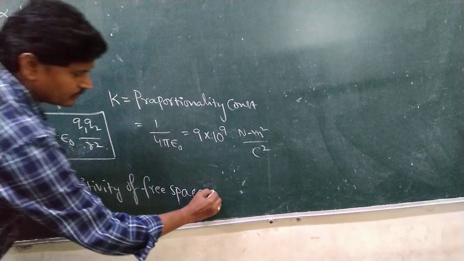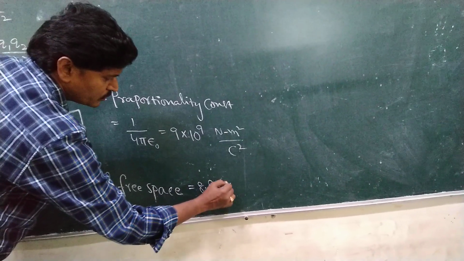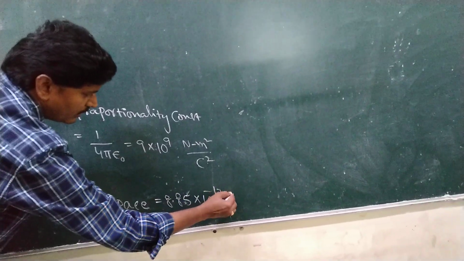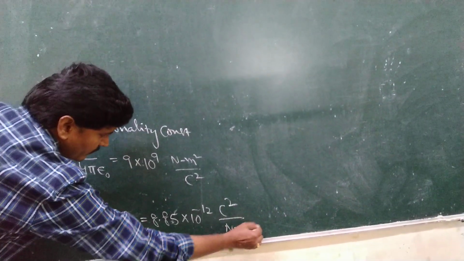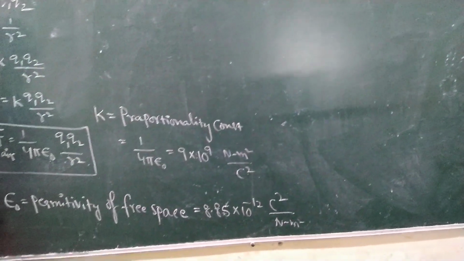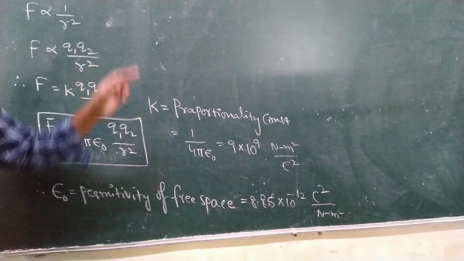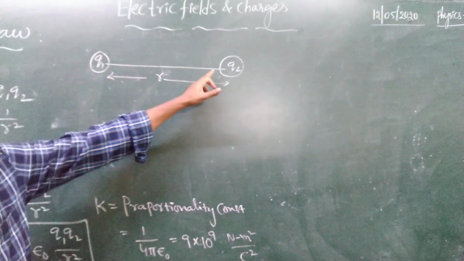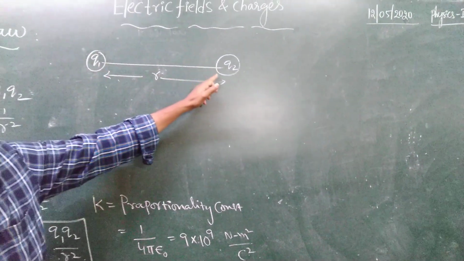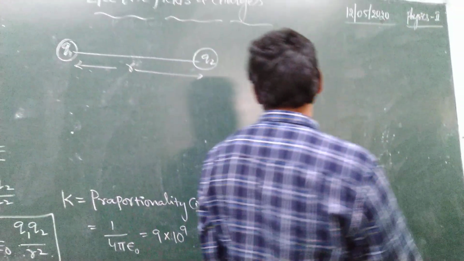This value is equal to 8.85 into 10 to the power of minus 12 Coulomb square per Newton meter square. Permittivity is basically the ability of the medium to allow electric lines of force between two point charges.